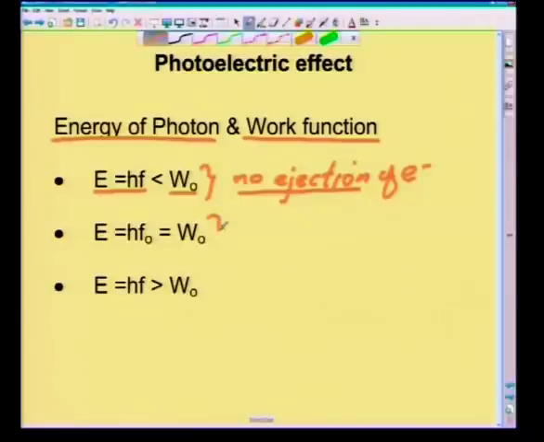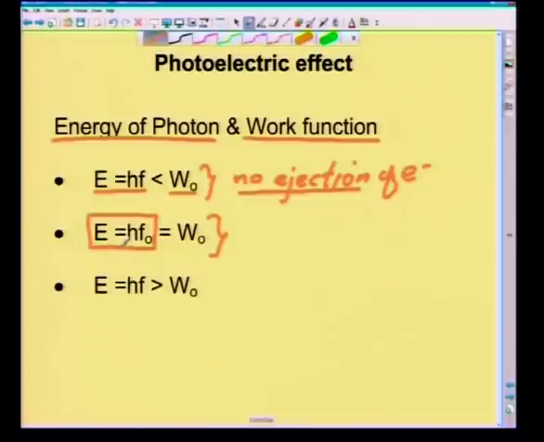Let's look at the second condition. The second condition is the condition where the energy carried by a photon of light is given by h times the threshold frequency, F0. Remember that one? In this situation, what is going to happen?